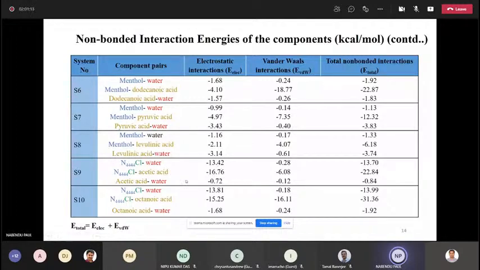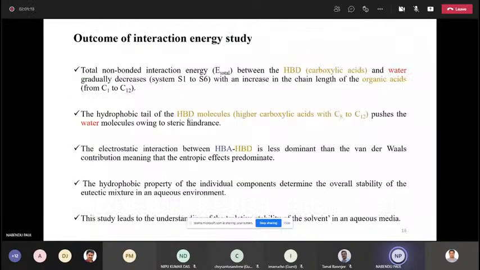So let us move to the next part. What we got from the interaction energy study. We got that the total non-bonded interaction energy between HBD and water gradually decreases moving from acetic acid to higher organic acids like dodecanoic acid. The hydrophobic tail of the HBD molecules, ranging from C8 to C12, from octanoic acid to dodecanoic acid, the large hydrophobic tail pushes the water molecules away due to steric hindrance, and for that the water molecule cannot come in close contact with those HBD molecules.